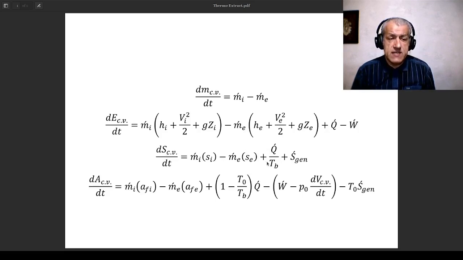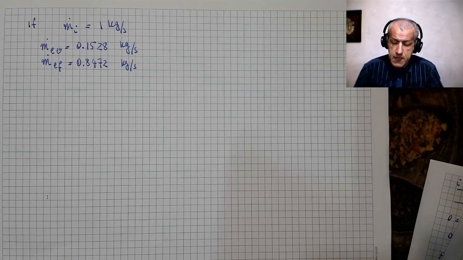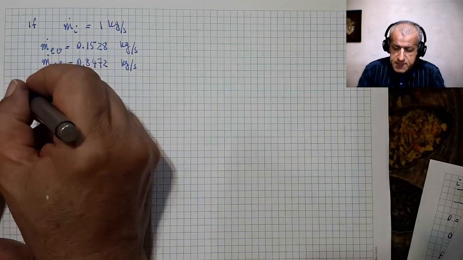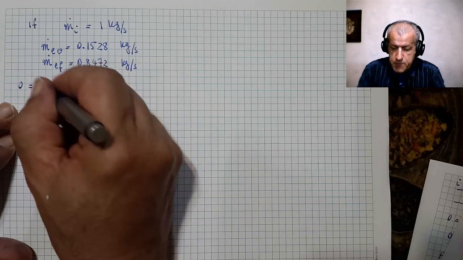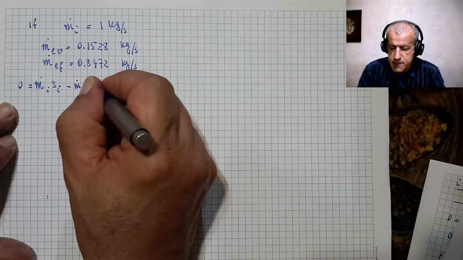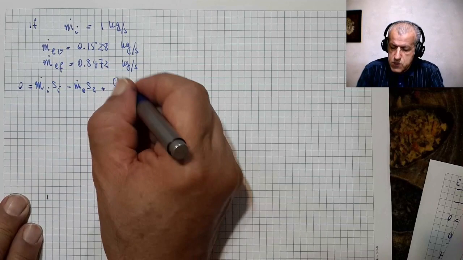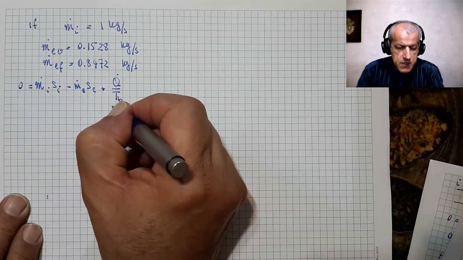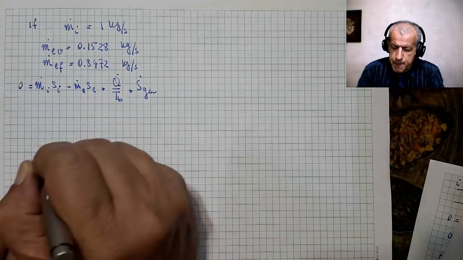This term vanishes since we are assuming that throttling valves are adiabatic, and therefore what we may write for the second law of thermodynamics is that 0 equals m dot I Si minus m dot E Se plus q dot over Tb plus S dot Gen.